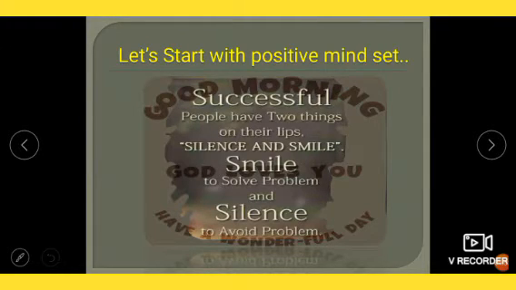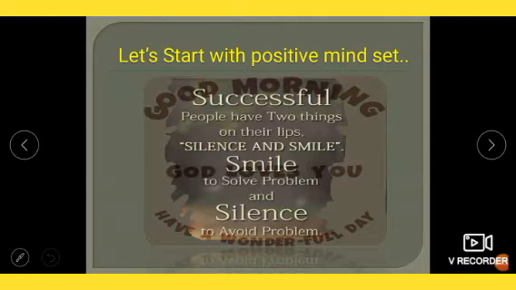Be silent, do your work slowly and silently without making any noise, and keep doing this work with a smile on your face, because the smile will solve all problems and the silence will avoid your problems. But please don't interpret this silence as not asking any question. You must ask questions, because only when you ask questions will you clear your doubts.